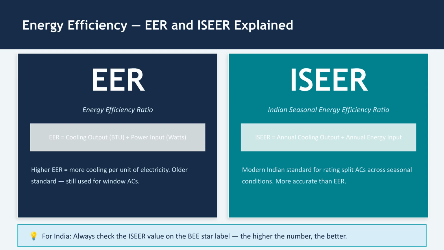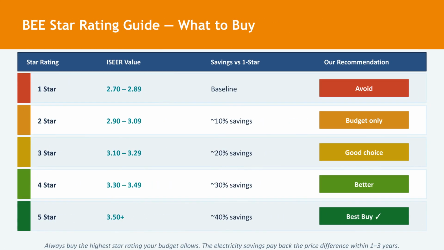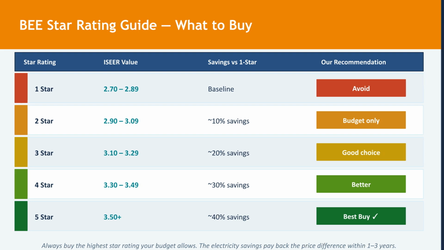For India, a higher ISEER value is always better. The BEE Star Rating Guide shows the ISEER value ranges and potential savings. We recommend avoiding 1-star ACs and aiming for the highest star rating your budget allows. Higher efficiency ACs usually pay back the price difference within 1 to 3 years through energy savings.